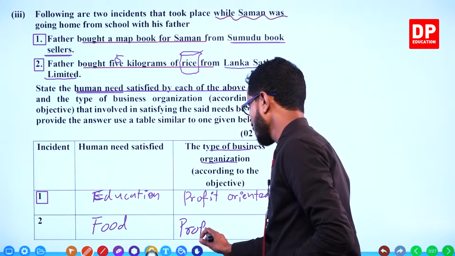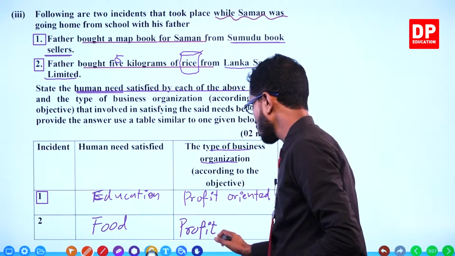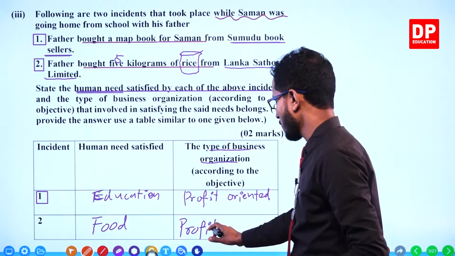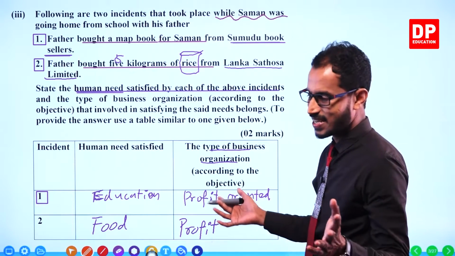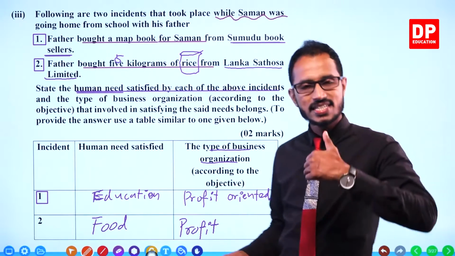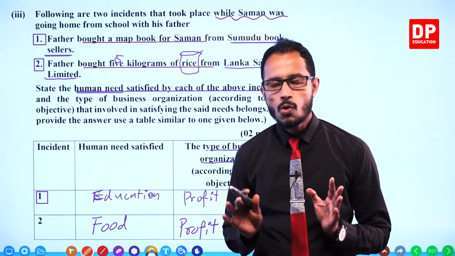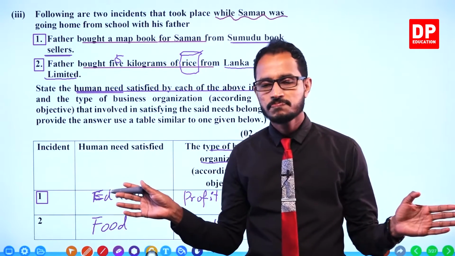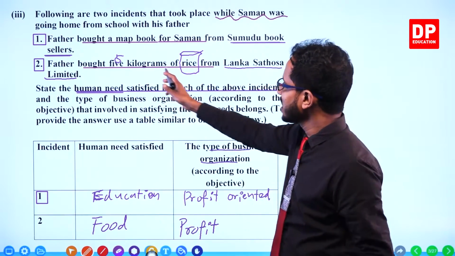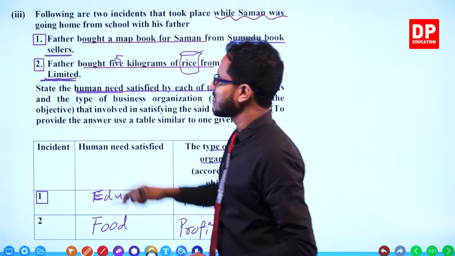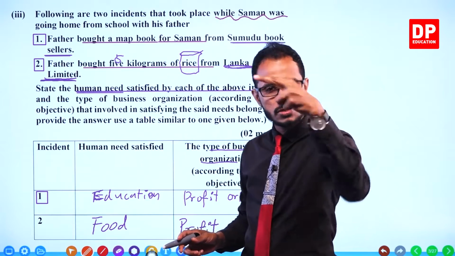Public sector means government, my dear children. Yes, it's a government organization. But most of the government organizations are non-profit. But Lanka Satosa Limited, they are targeting profits.